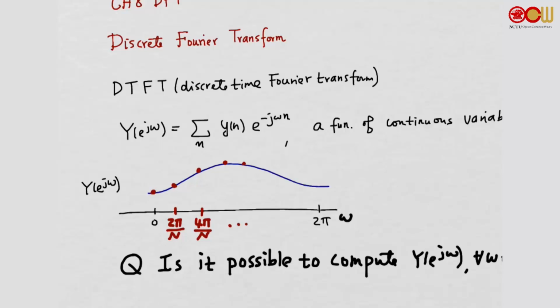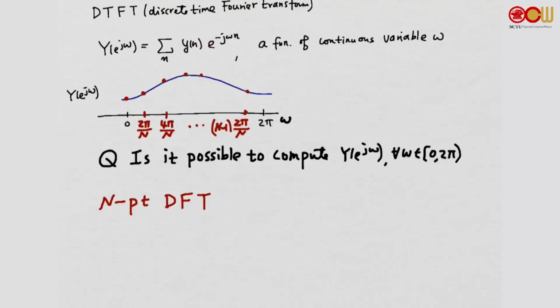How many points do we sample now? Because we divided into N parts, we would have N points. And these samples are what we call the discrete Fourier transform. For the N-point DFT, we use the notation Y_k.